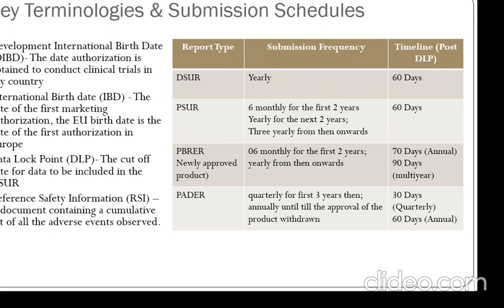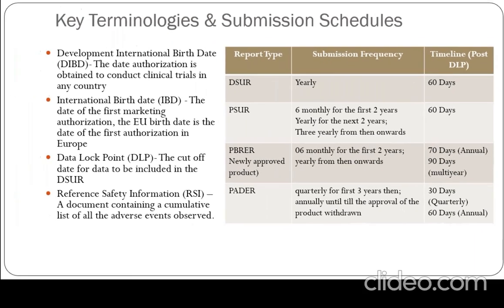A slight difference is that the PBRER is 6-monthly for the first 2 years and yearly from then onwards. The time allowed to prepare and submit the PSUR is 60 days, whereas in the case of the PBRER, since it is a very comprehensive, modular approach document, a span of 70 days is given.